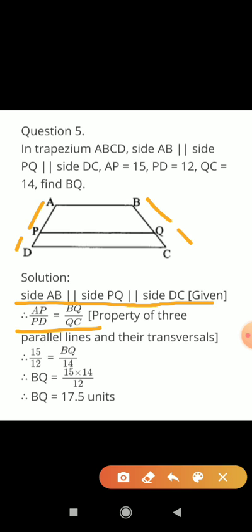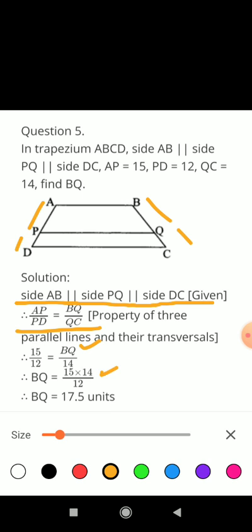Now put in the values: AP is 15 divided by PD, which is 12, equals BQ divided by QC, which is 14. Now 14 is multiplied to the left side. So BQ is equal to 15 into 14 divided by 12. Now simplify this.